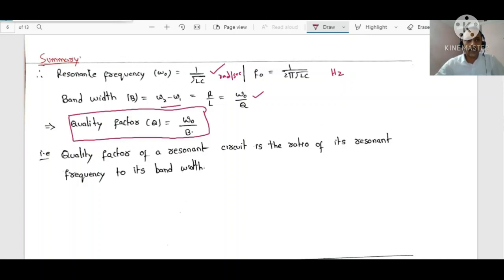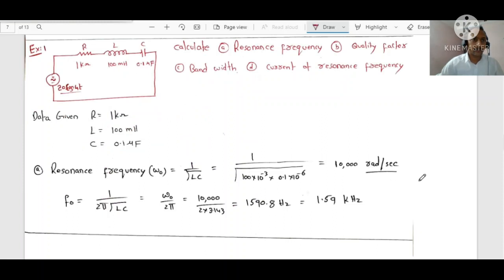Next we will discuss the example. Now let me continue with one example, dear students. In exams also, problems are asked a number of times on series resonance and parallel resonance, and moreover you will do this in your laboratory also. Let me complete this problem.